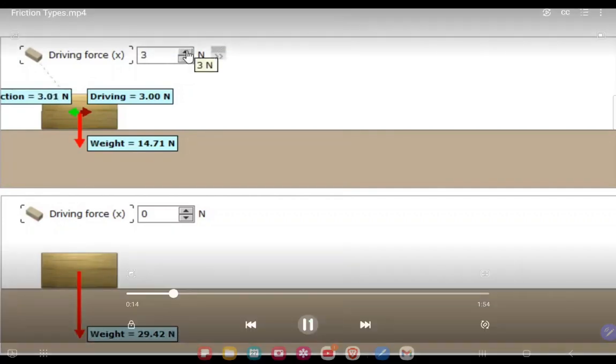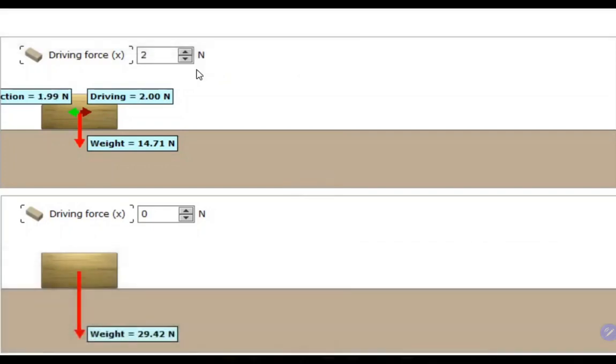In this case, Fs is equal to mu s n, which means this is the maximum static friction we can reach. After that, the static friction is converted into kinetic friction, and the object starts moving.